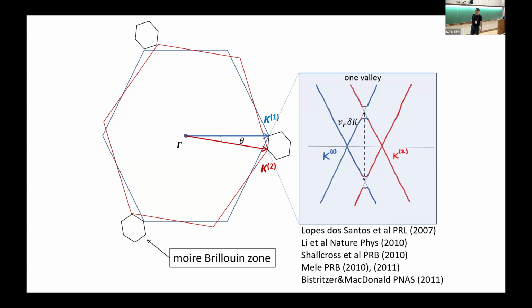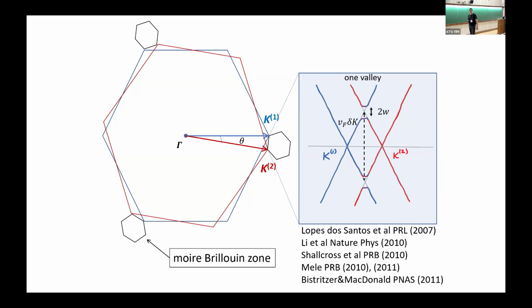Okay? But then, of course, the 2 layers aren't decoupled. There is tunneling between them. That's why interesting things happen for the moiré. And in that case, what used to be a crossing turns into an avoided crossing. Okay?